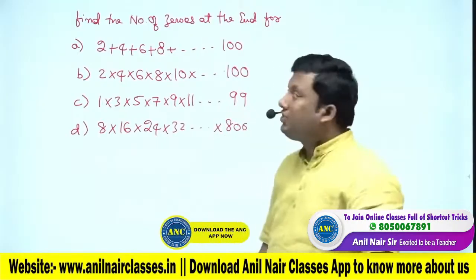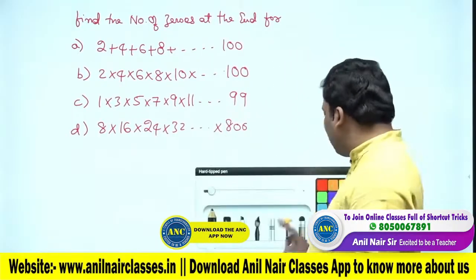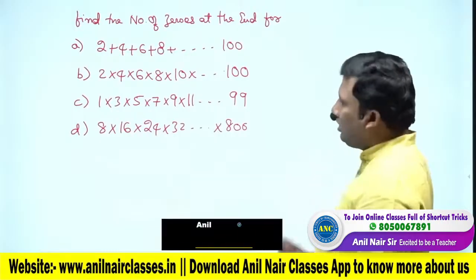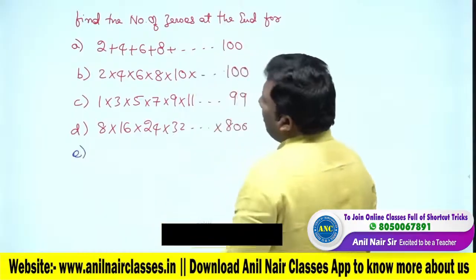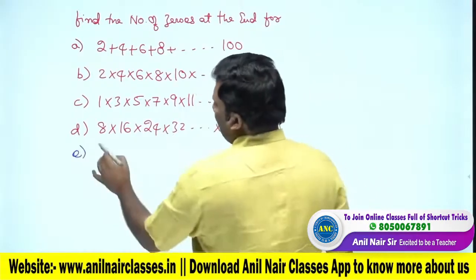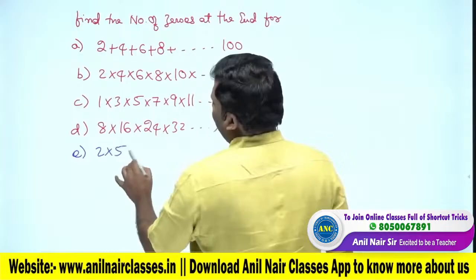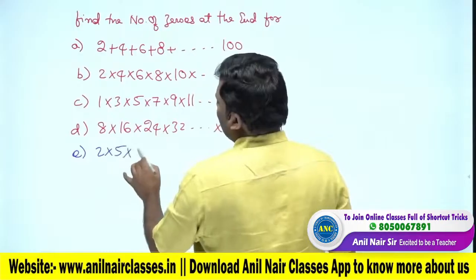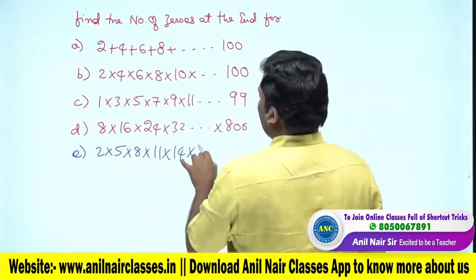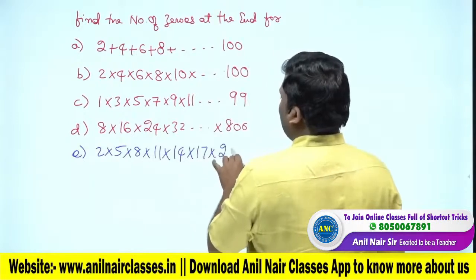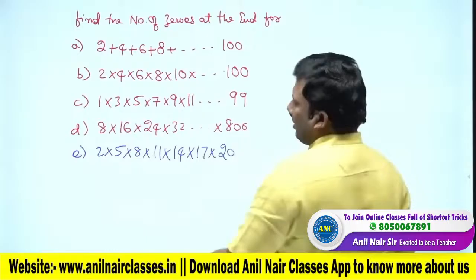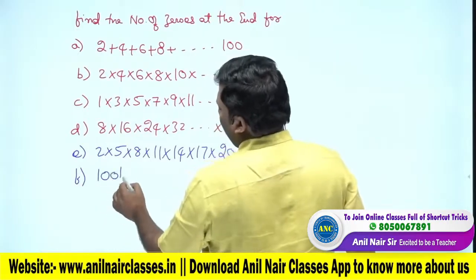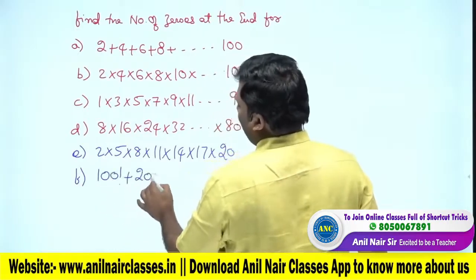Find the number of zeros at the end. Zeros at the end, it is trailing zeros. Next question, 2 into 5 into 8 into 11 into 14 into 17 into 20. E. Next, F question: 100 factorial plus 200 factorial.